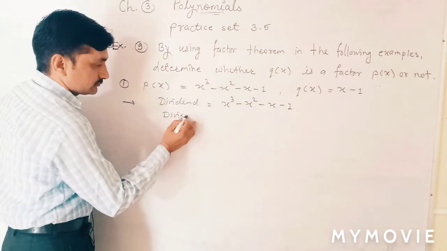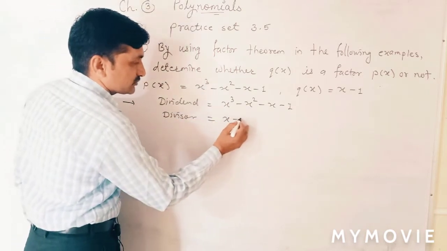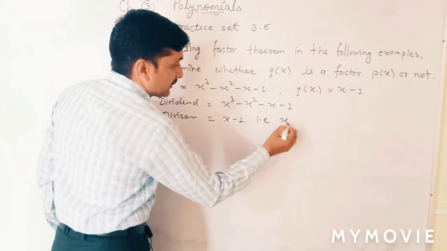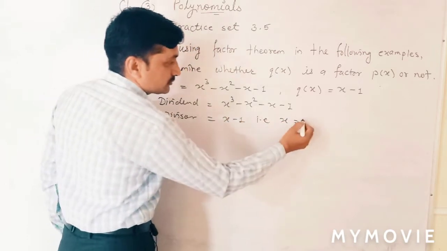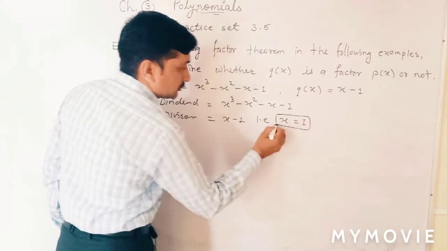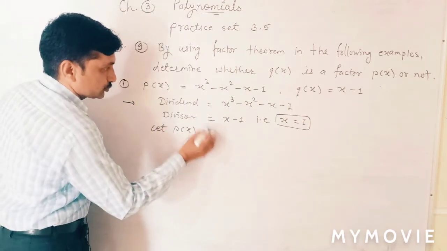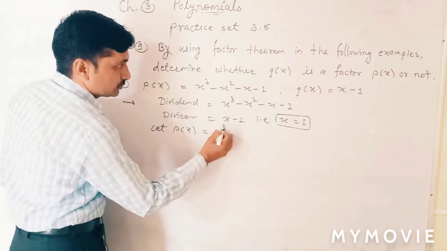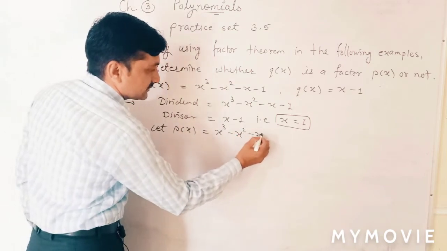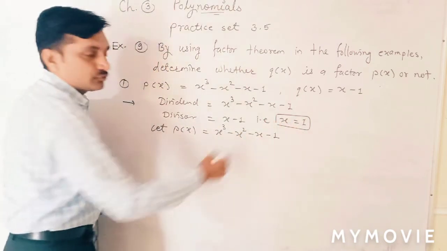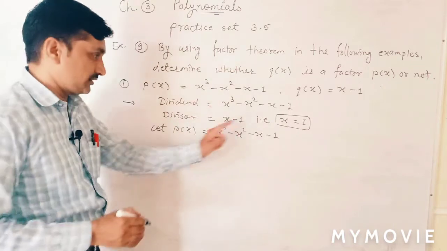Divisor is x minus 1, which means the value of x is the opposite of minus 1, that is plus 1. Let p of x be x cube minus x square minus x minus 1. Put the value of x as 1 here.